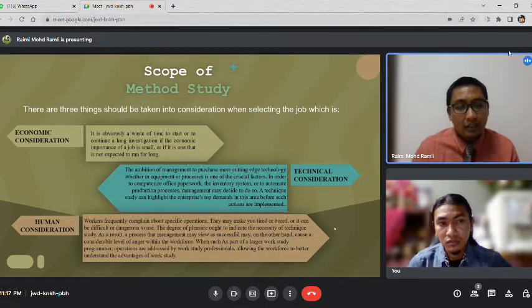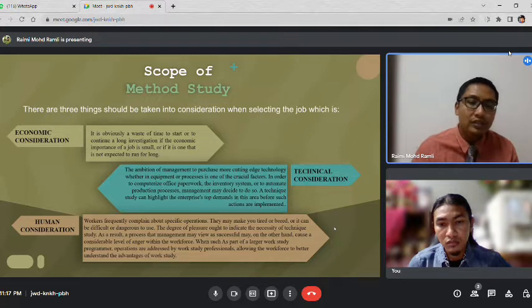As a result, a process that management may view as successful may, on the other hand, cause a considerable level of anger within the workforce. When such a process is part of a longer work study programme and addressed by work study professionals, it allows the workforce to better understand the advantages of work study.